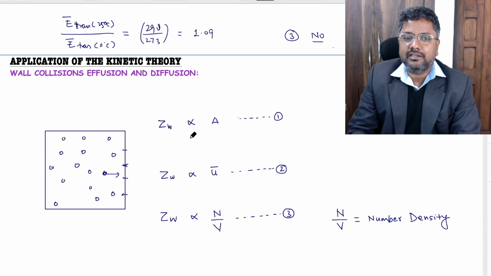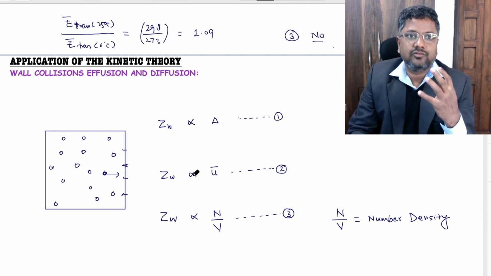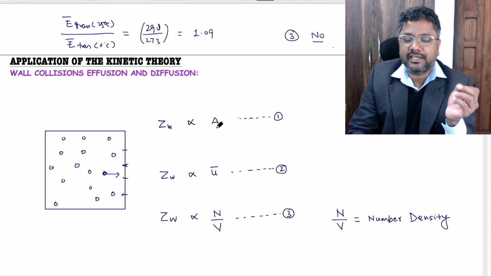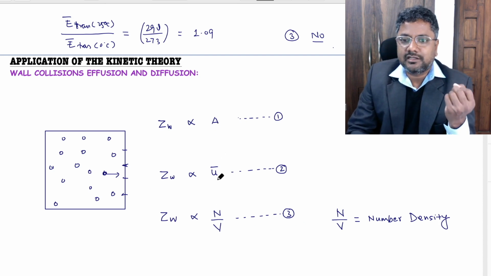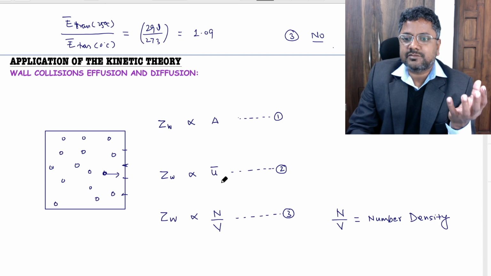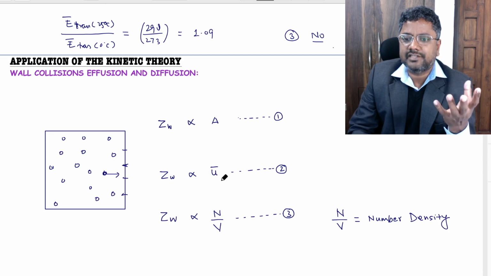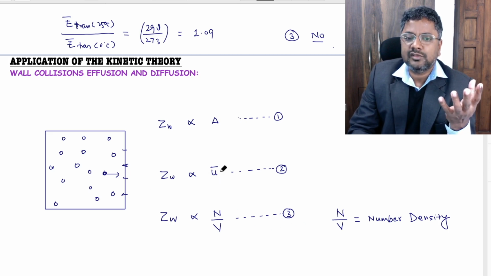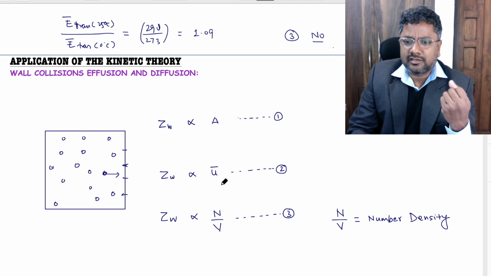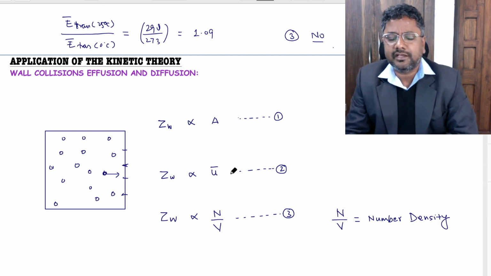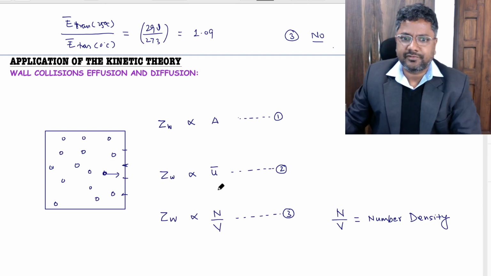So basically the collision of gas molecules with the wall of the container depends on three main factors. One is the area specified, other is the average speed of gas molecules, and third one is the number density. We can say that this average speed is the preferred term here to explain all these phenomena.